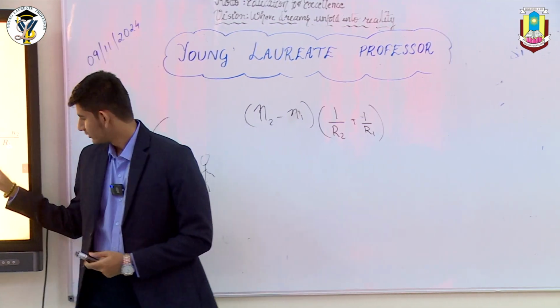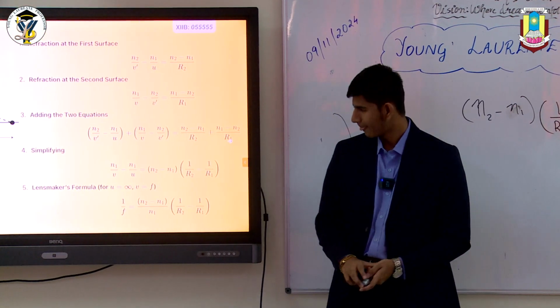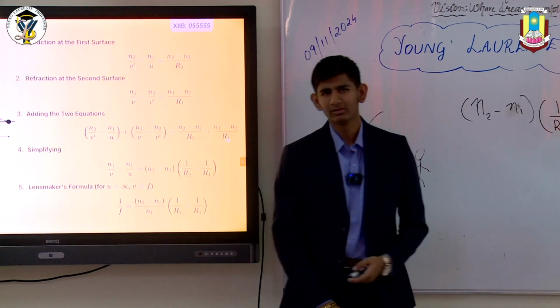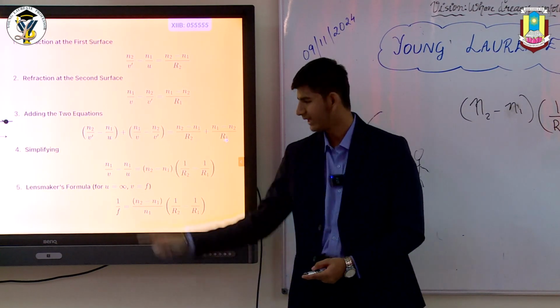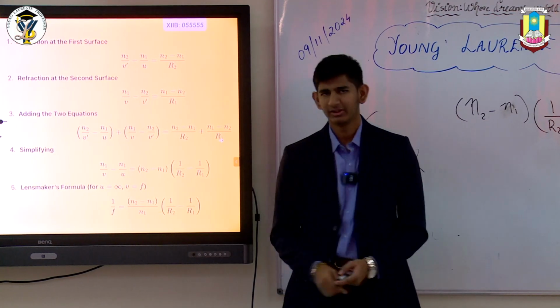So hence we get minus 1 by r2 minus 1 by r1. Here, as you can see, we have n1 common. Let's take that into the denominator or on the RHS.